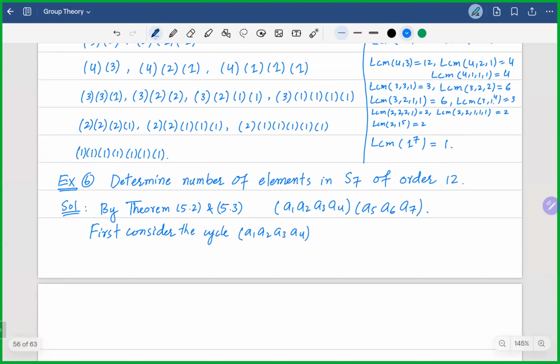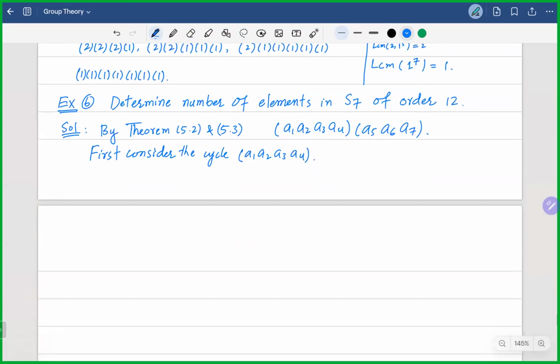Although the number of ways to fill these slots is 7.6.5.4, this product counts the cycle 4 times.